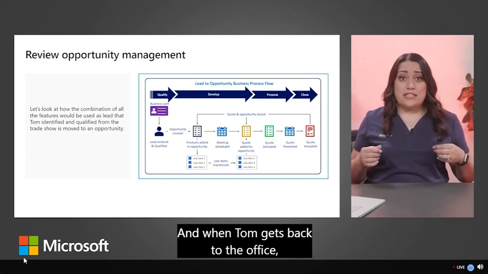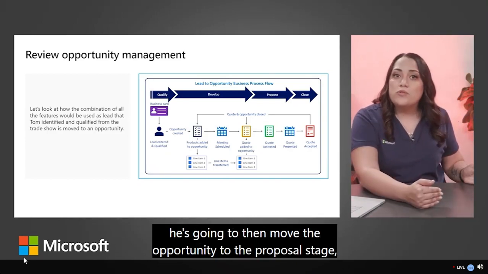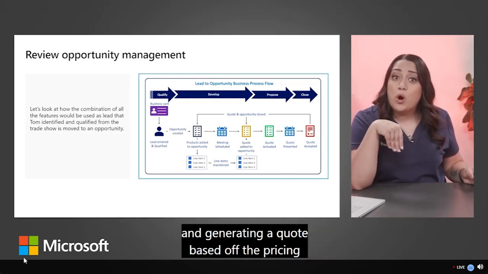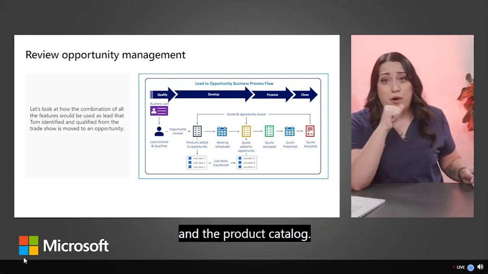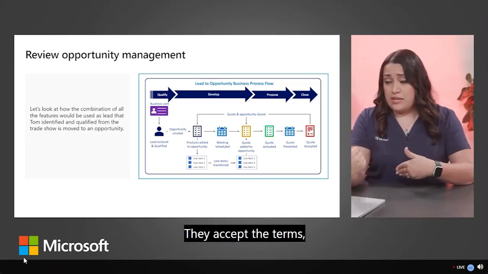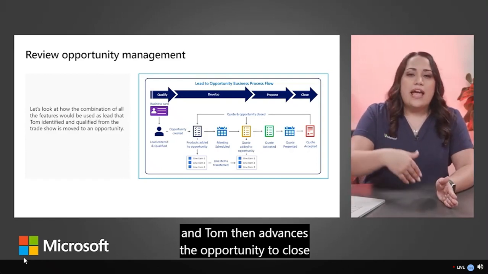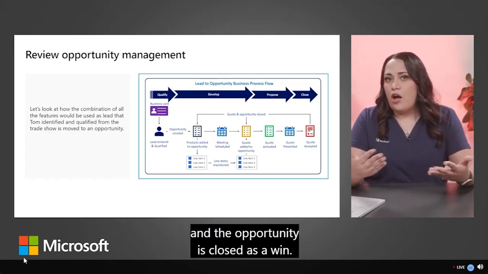And when Tom gets back to the office, he's going to move the opportunity to the proposal stage and generate a quote based off the pricing and the product catalog. That quote is presented to the company, they accept the terms, and Tom then advances the opportunity to close and sends the customer an order, and the opportunity is closed as a win.